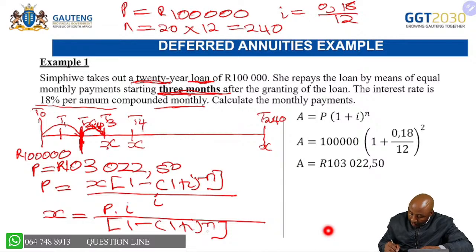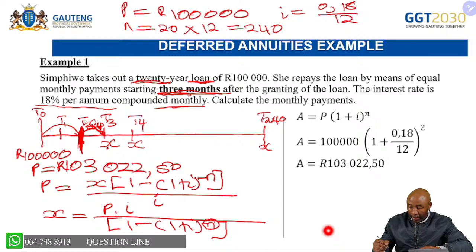So to get the N that we are going to substitute in our formula, we are going to subtract where we start calculating our balance, which is now the period that we are considering as our loan being granted. So it will be 240 minus 2, and that will give us 238 as our N.